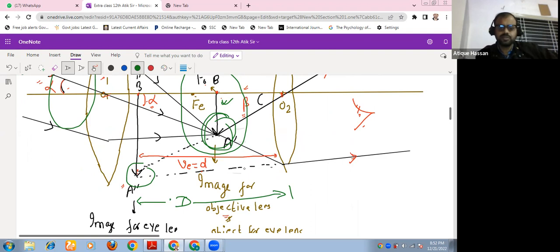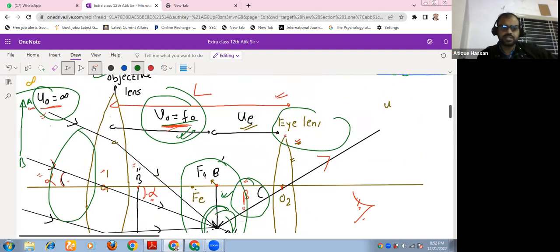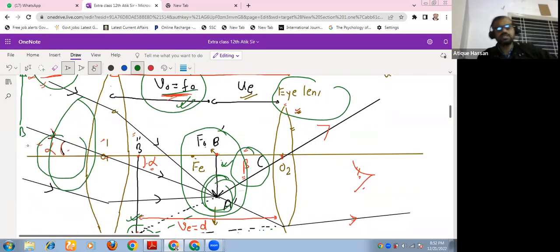To draw that, we have produced it backward, and all are intersecting at A double dash B double dash. So the image of A dash B dash is A double dash B double dash, which is the final image of the object AB. Now we can assume that the angle made by this final image at the eye is beta, and the angle made by the object is alpha. You can see it from the diagram.